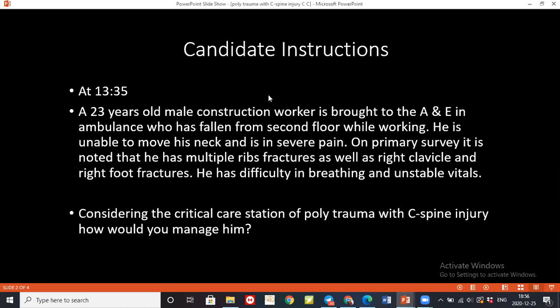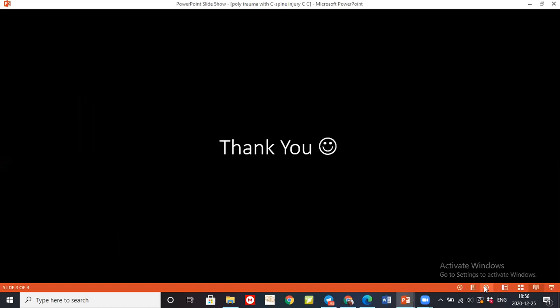How much should capillary refill normally be? Ma'am, it should be within 2 seconds.